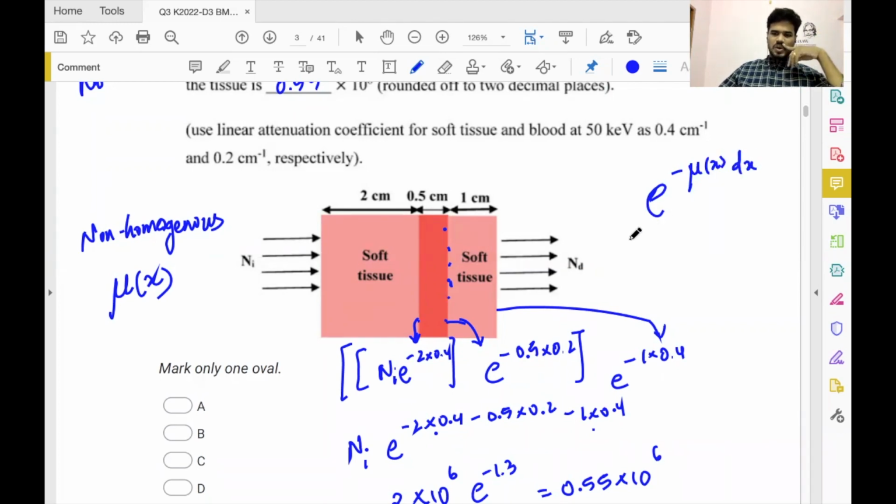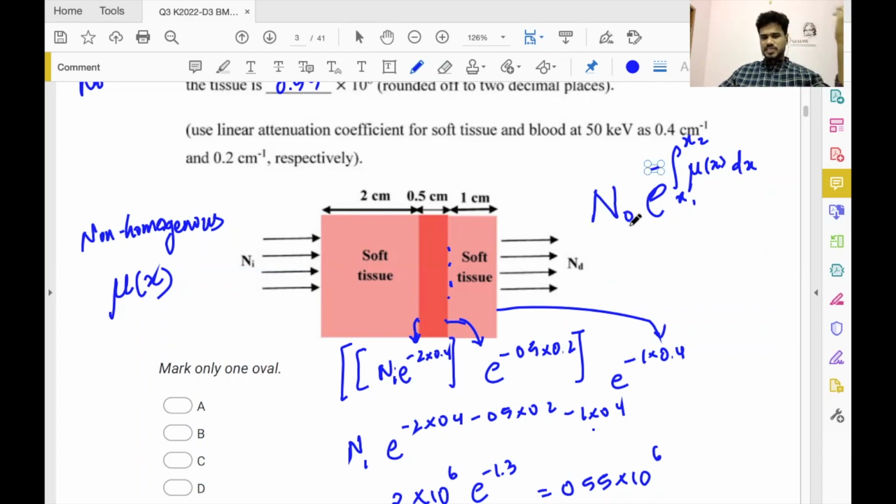Attenuation over a length will be the integral of this, and this will get multiplied by that, so all the powers of e will get added up. So essentially what we will have here is the integral from the starting x value to the ending x value, x1 to x2, of mu of x dx, and if it is a number, it's N naught.